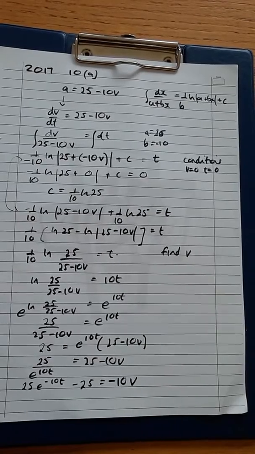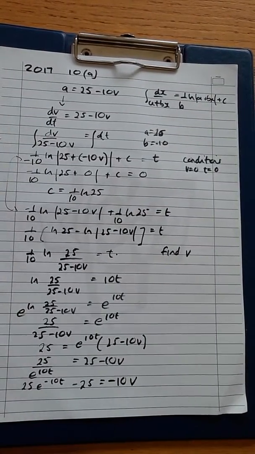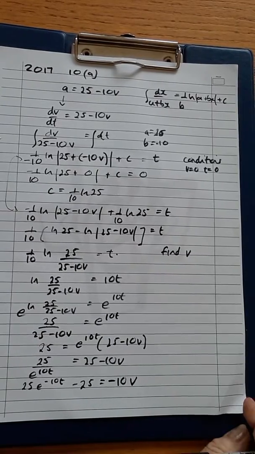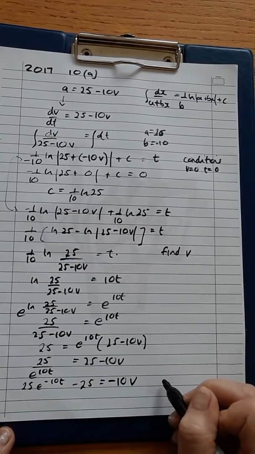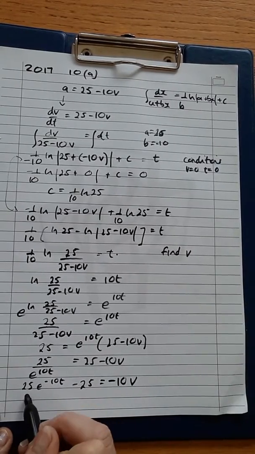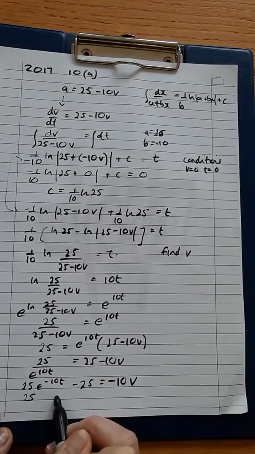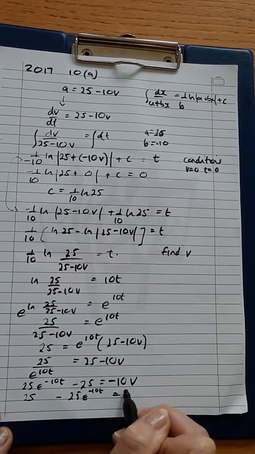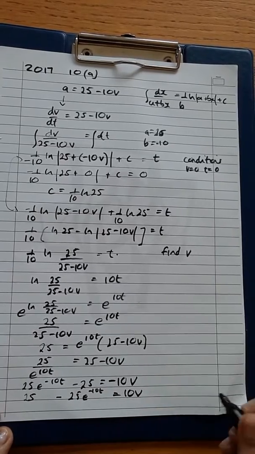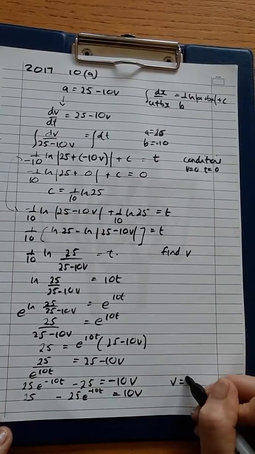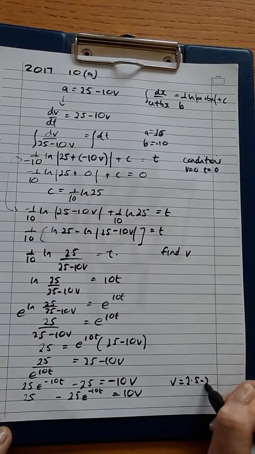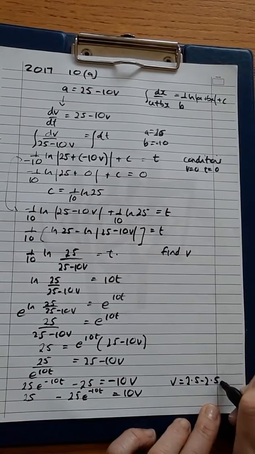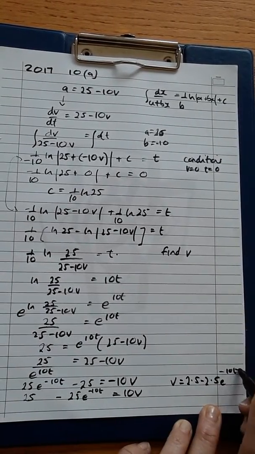So what I think I'll do is divide all the way across by 10 and change the signs all the way across. I'll just rewrite this first of all. This will be 25 minus 25 e to the minus 10t is equal to 10v. That's when I change all the way across. So that means my v is equal to 2.5 minus 2.5 by e to the minus 10t.